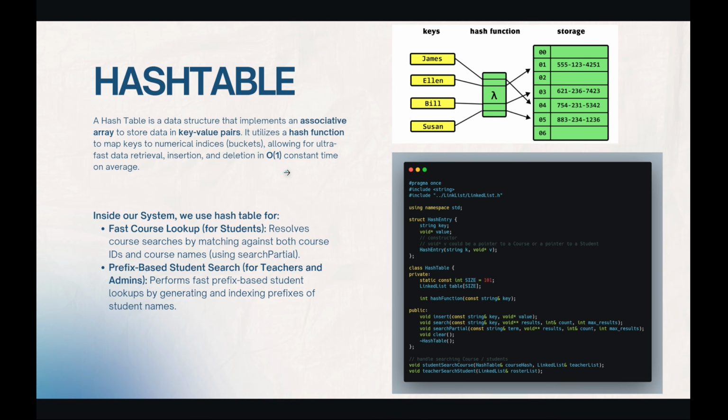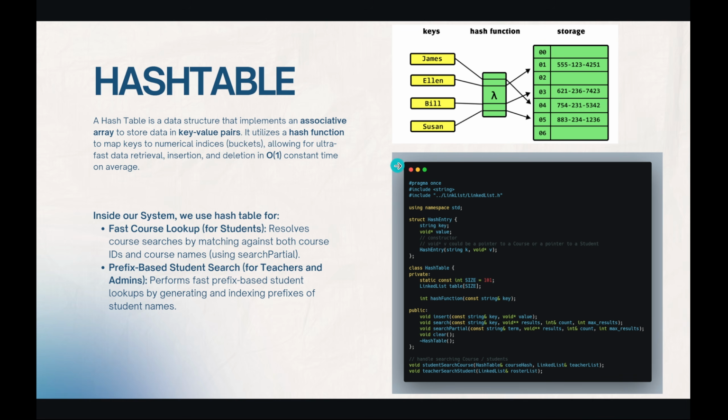The best time complexity of this structure is O(1), constant time. It's also the average time complexity. So in our system, we use the hash table for fast course lookup for students, and also a prefix-based student search for the teacher and admin.